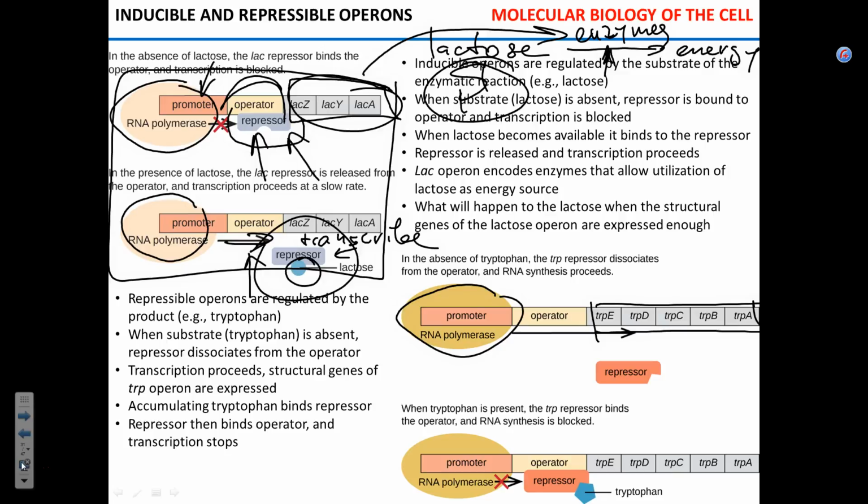These genes produce tryptophan, more and more tryptophan. Eventually, when levels of tryptophan in the cell reach a certain level, tryptophan binds to the repressor. And that complex of repressor and tryptophan will inhibit the transcription from the tryptophan operon. Does that make sense?